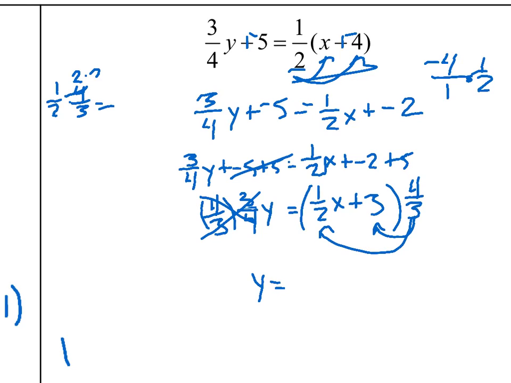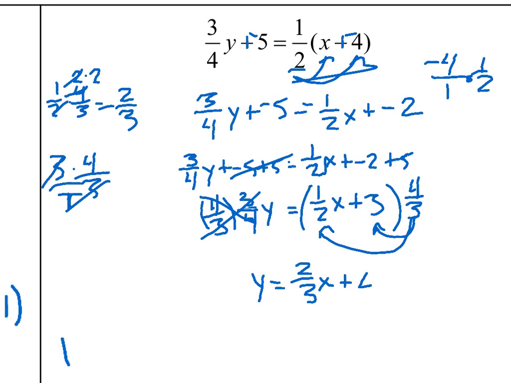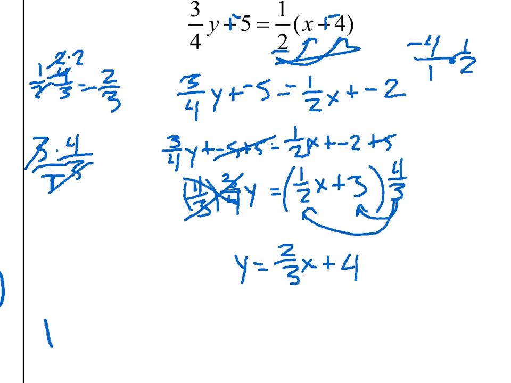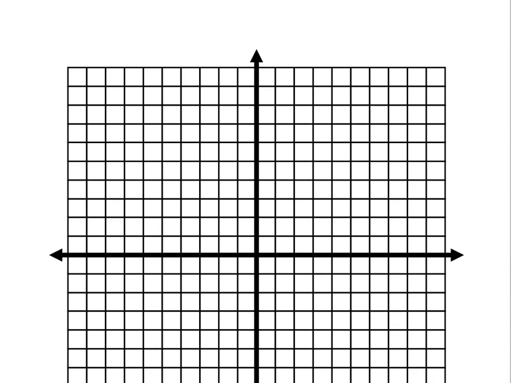I'm going to do some cancellation beforehand. It's going to leave me with 2/3. And 3 times 4/3. Cancel, cancel, gives me 4. Y equals 2/3 x plus 4. That should be a simple one to graph. Over here to 4. And rise 2, run 3. Rise 2, 1, 3.